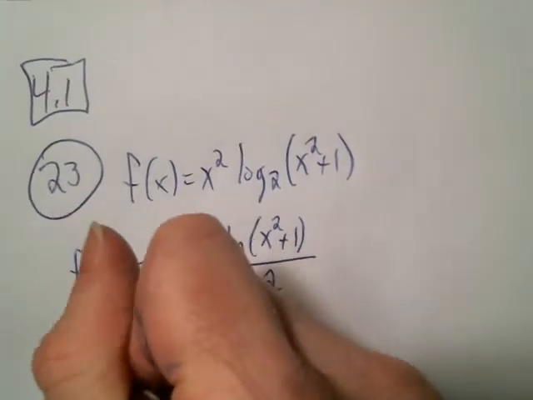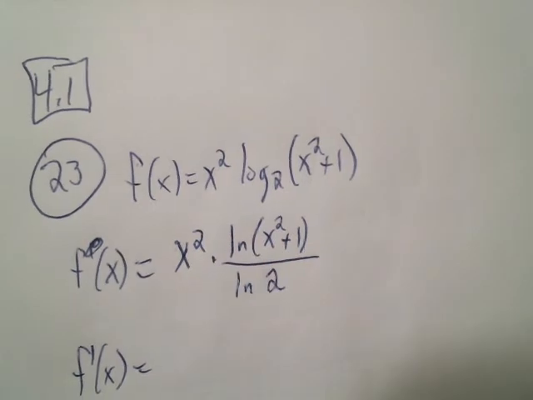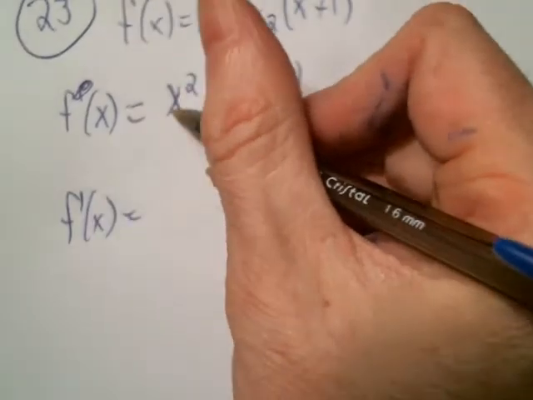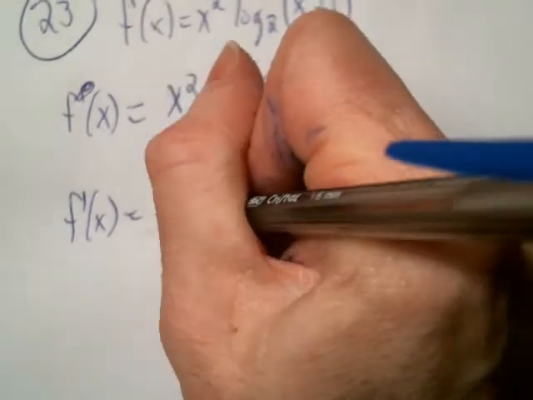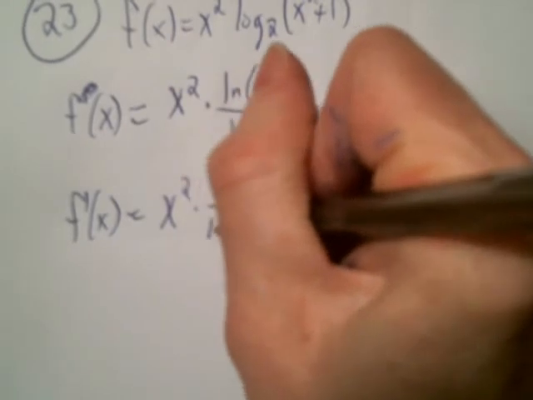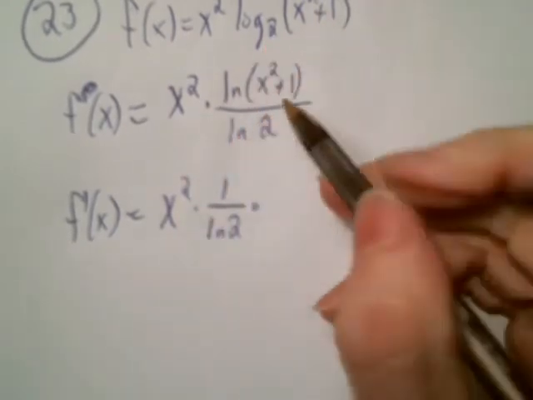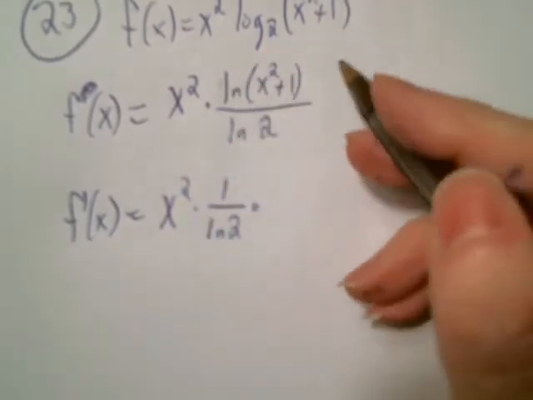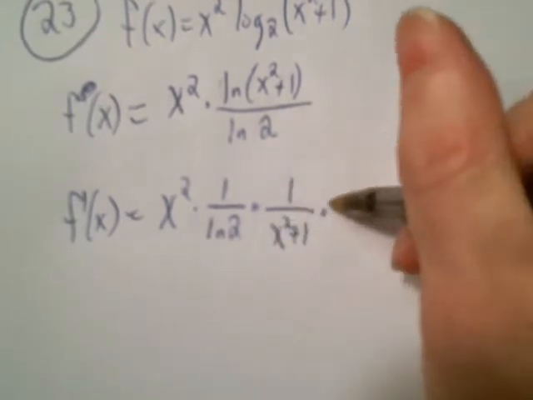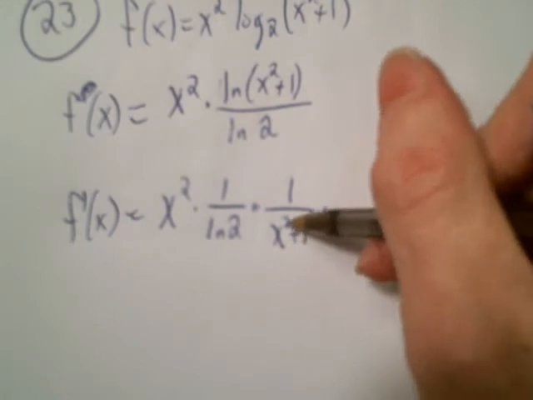Once you do that, then you do your derivative, which you're going to need a product rule for. Right? So you can leave this alone if you want. So x squared times the derivative of this thing. There's this constant, 1 over ln2. And then the derivative of ln of x squared plus 1. So that's 1 all over x squared plus 1 times the derivative of x squared plus 1 by the chain rule.